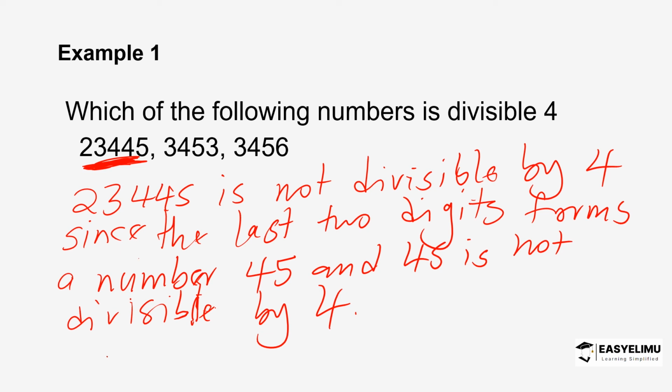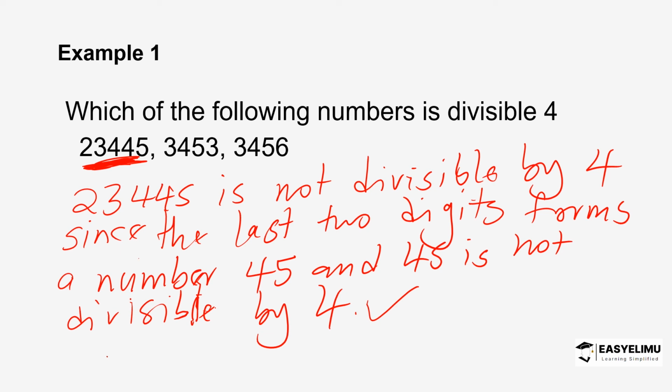So when you are told to give reason why you feel it is divisible or not divisible, then you have to restate the condition that is necessary for a number to be divisible by 4. So if you are asked to state whether or not the number is divisible by 4, then you restate the condition that is necessary for a number to be divisible by 4.